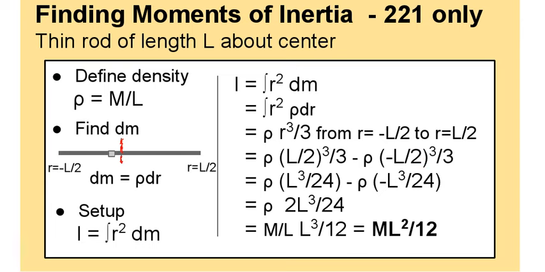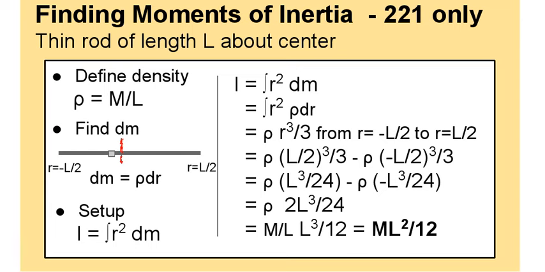That's an 8. Again, it's on the bottom. The 3 is on the bottom. 8 times 3 would be 24. And then this negative sign and that negative sign go together to make a positive right there. And factoring that L out front, I've got L cubed plus L cubed would be 2L cubed all over 24. The 2 goes into 24 12 times.